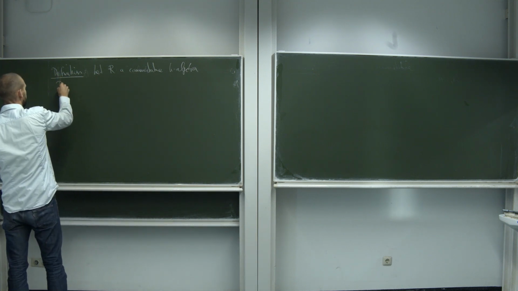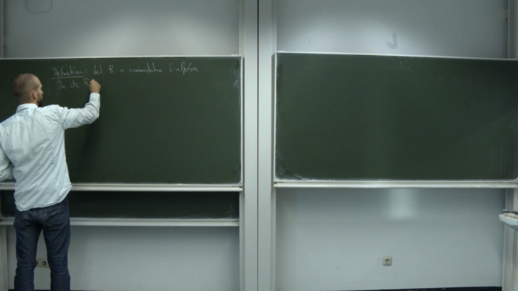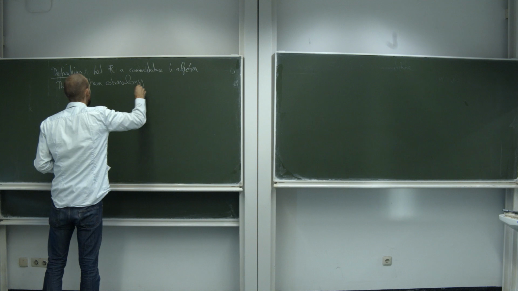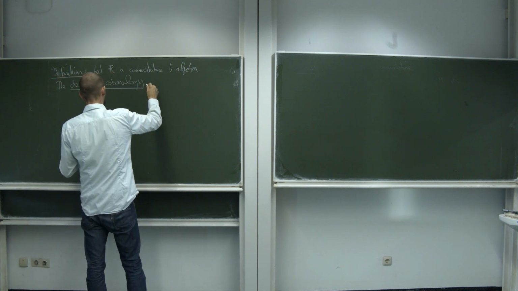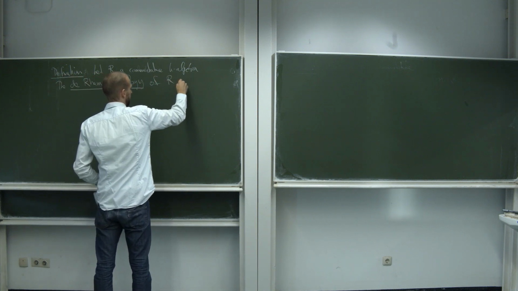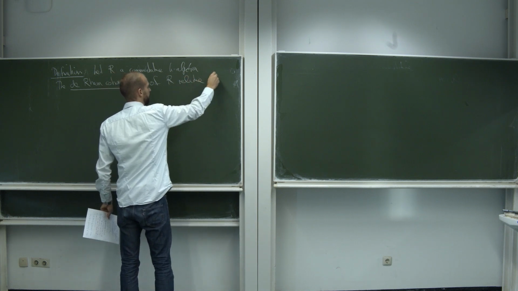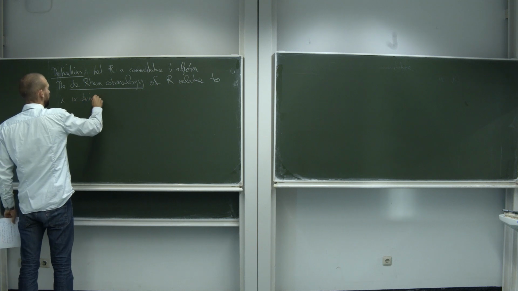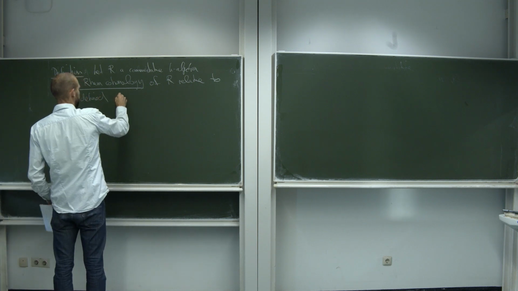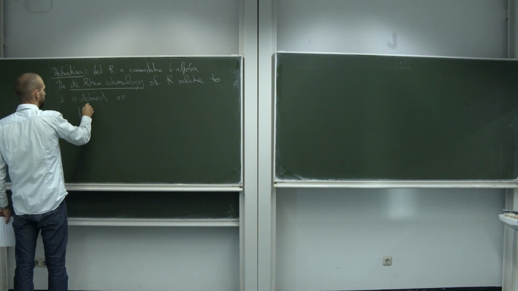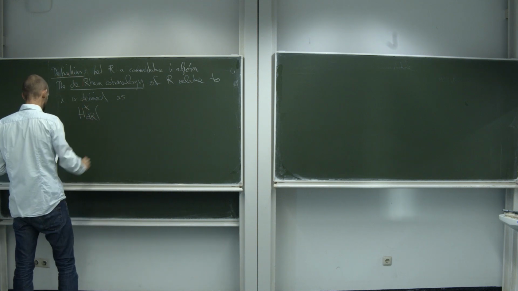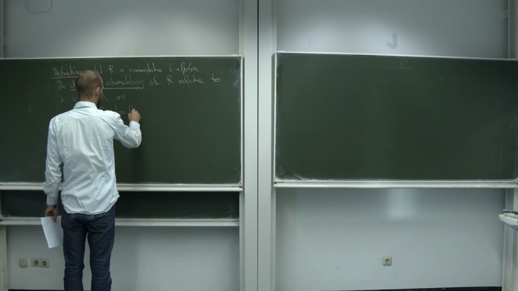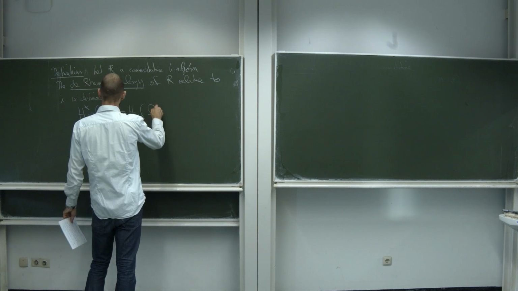The de Rham cohomology of R relative to K is defined as, and it's the obvious thing you would do, you would just take the homology of the de Rham complex.